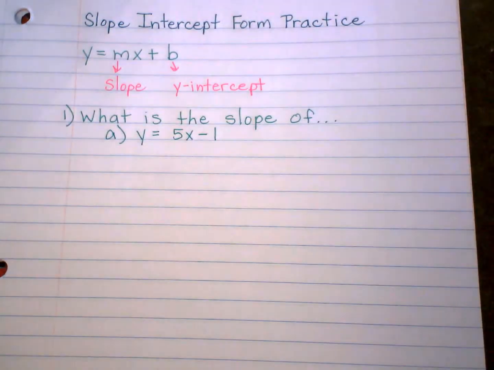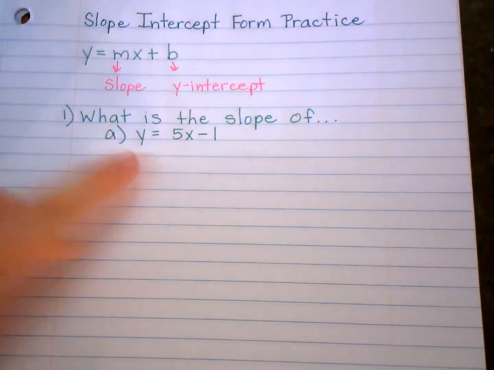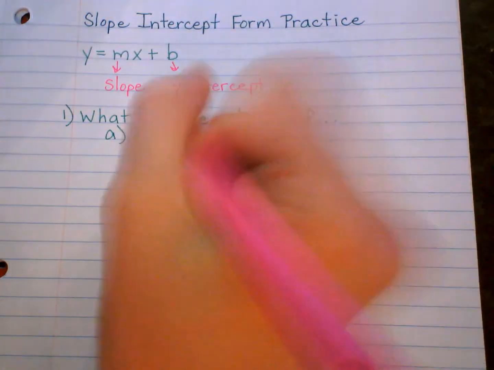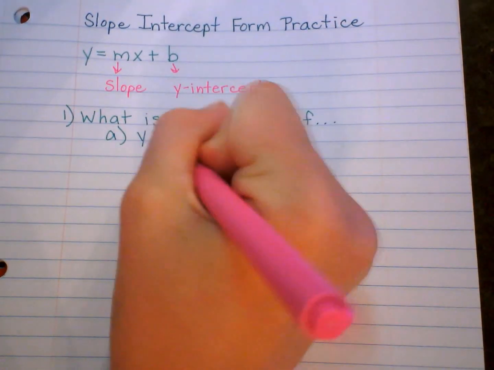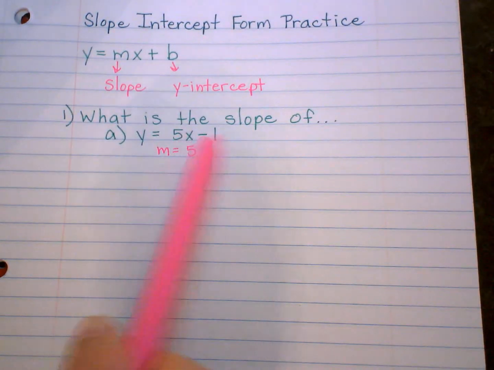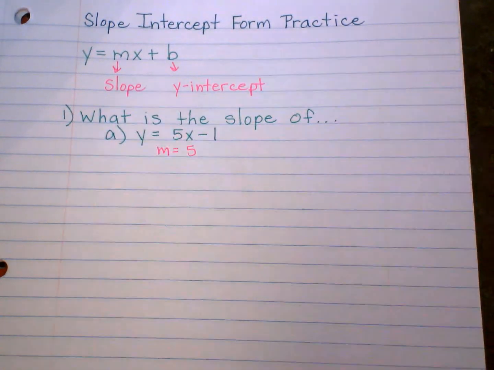So what's the slope of y equals 5x minus 1? Okay, well, slope is m. So slope is whatever is touching that x in this equation. So slope m equals 5, because it's y equals mx plus b. So the slope is 5.